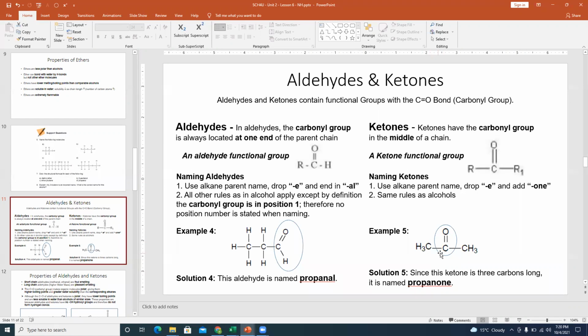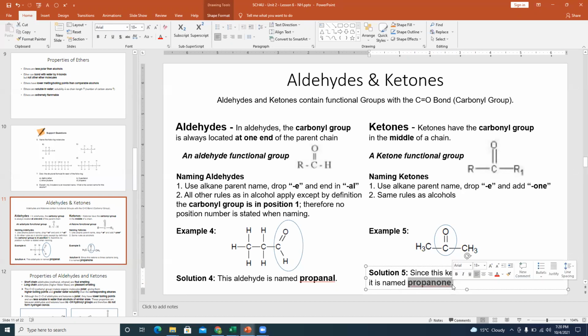So you can have other ketones where instead of just CH3s at the ends, it could be longer chains. But if the CO group is in the middle, it's a ketone and it gets an ending of -one.